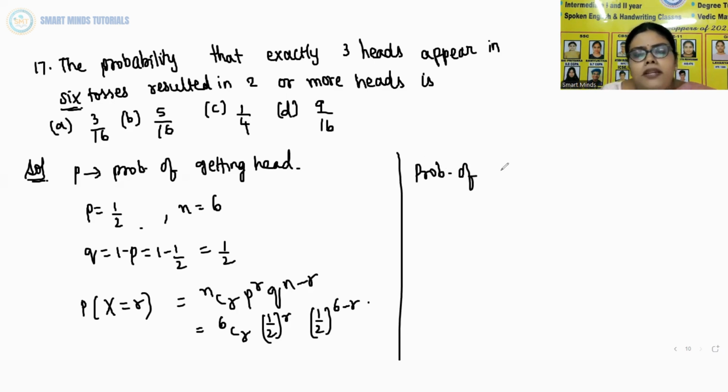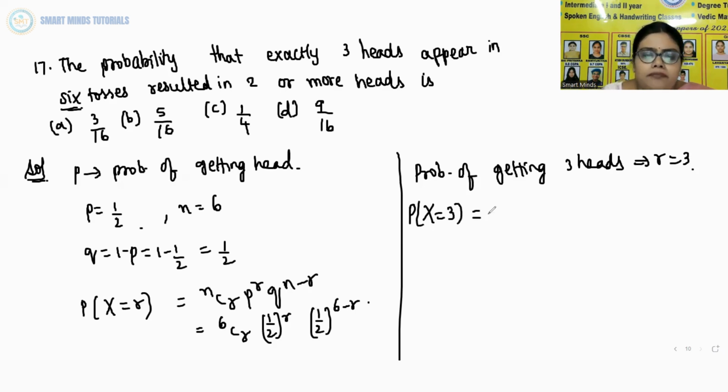Now what is the probability of getting 3 heads? 3 heads means R is equal to 3. So we need to find P of X is equal to 3.